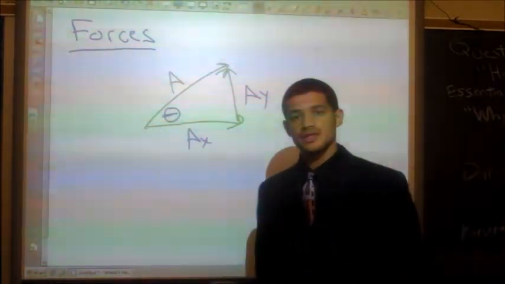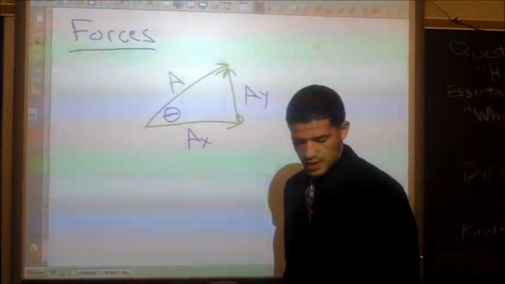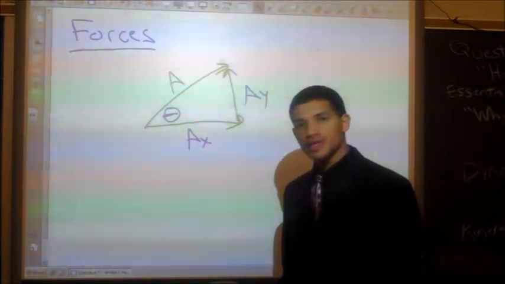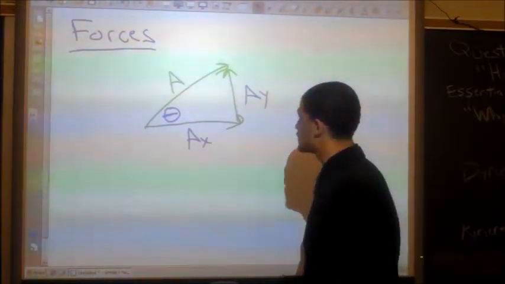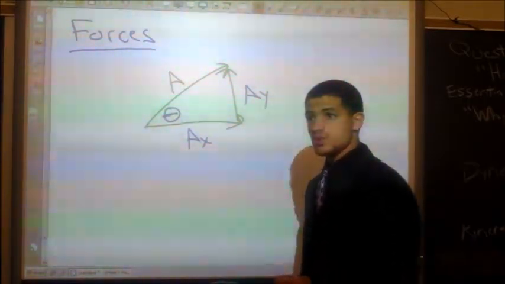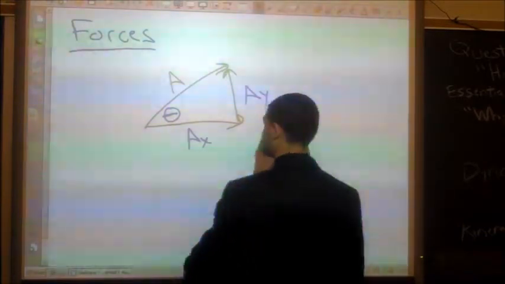If you're given an angle and a vector, we have to use trigonometry to find the sides, or we can also use the law of sines. In this case, we'll use trigonometry, so SOHCAHTOA.